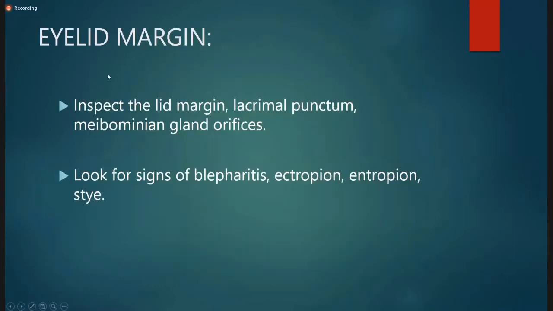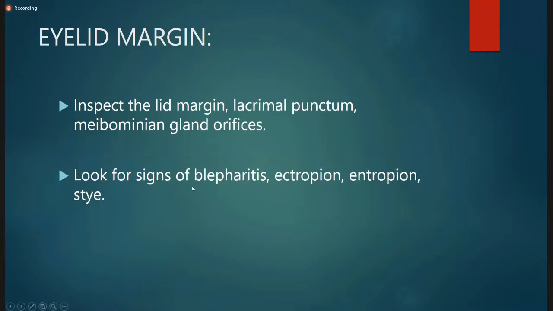When you come onto the eyelid margin, you have to see the lid margin, any inflammation, lacrimal punctum, is it open or closed, meibomian gland orifices, or you have to look for signs of blepharitis, ectropion, entropion, stye.